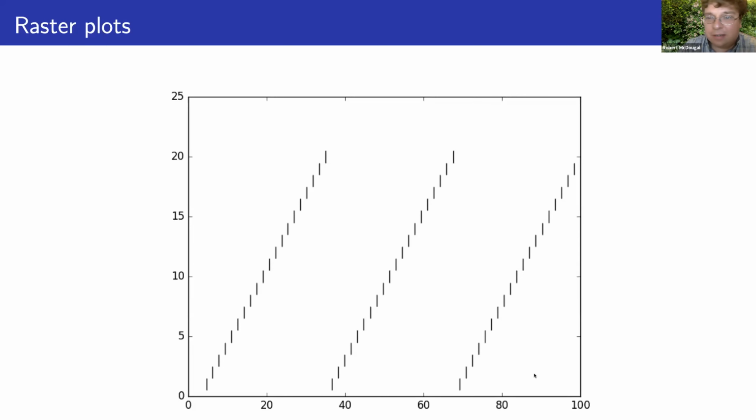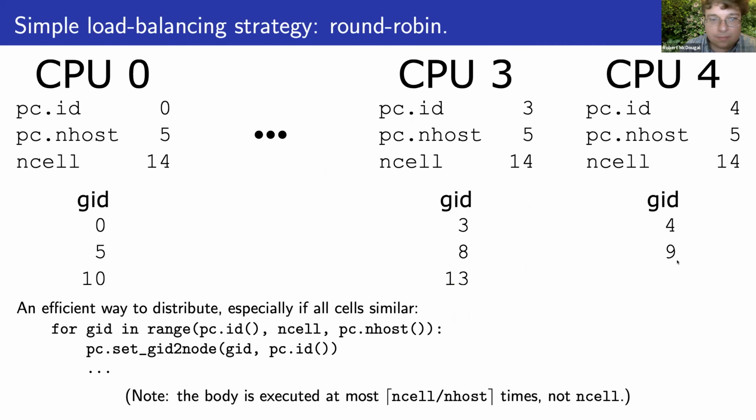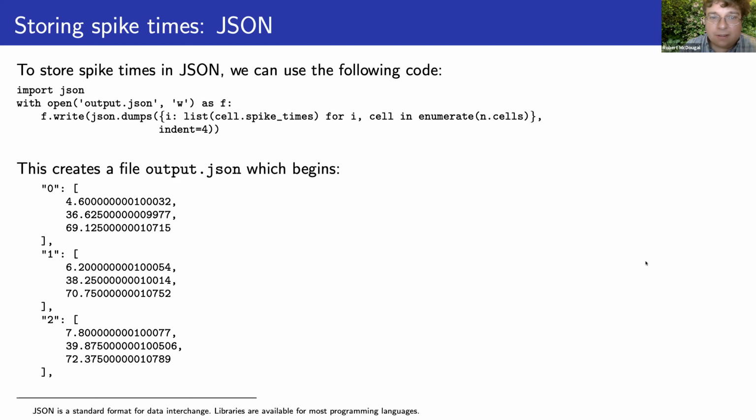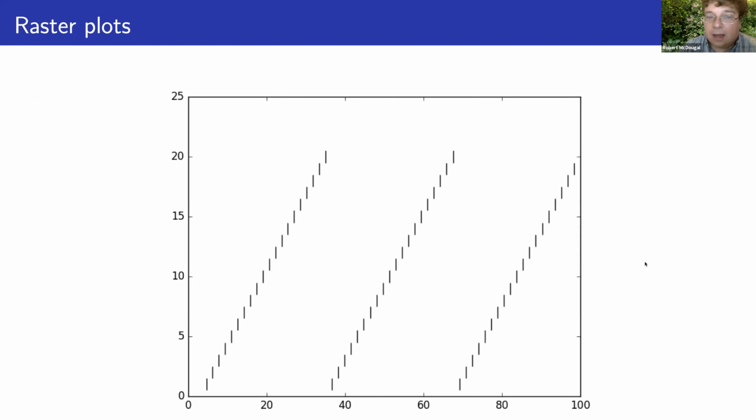Now that I have this information, I might want to plot this using a raster plot. So just to illustrate, draw maybe a little tick mark at every time that a cell fires. And if I do that, you can do this in matplotlib with vlines. If I do this here, cell 0 is firing at these times, cell 1 at these times, and so forth. And I see this guy fires and this guy fires, boom, boom, boom, boom, boom.